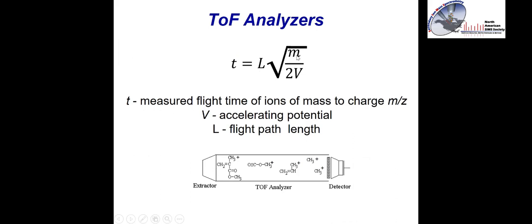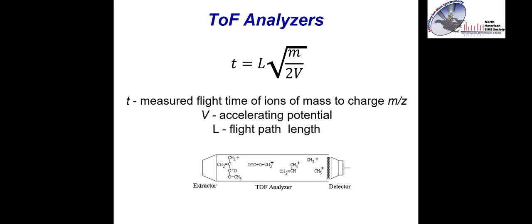You can determine the mass from this equation. The computer does this for you while you're analyzing your data to determine the mass to charge ratio of the ions. In time-of-flight SIMS, the charge is almost always 1, and so you can pretty much interpret the mass scale as simple math.